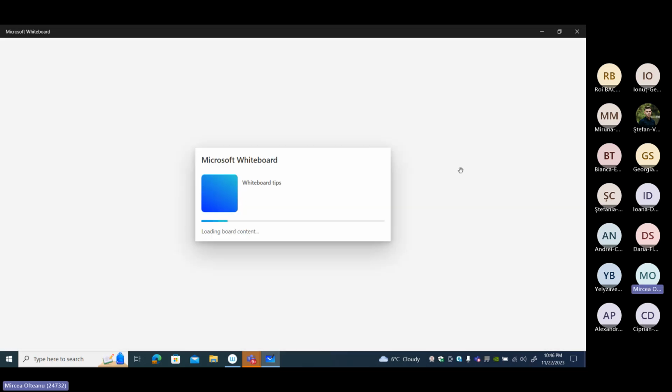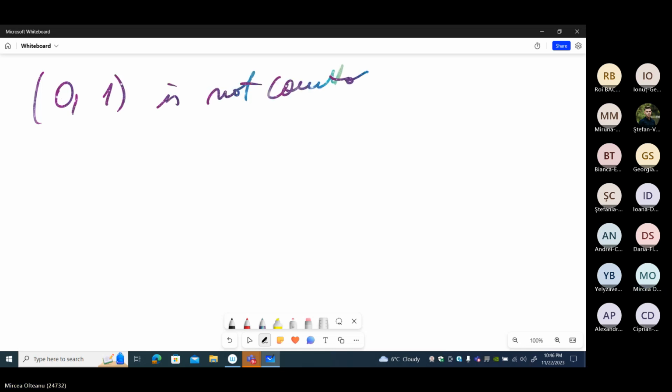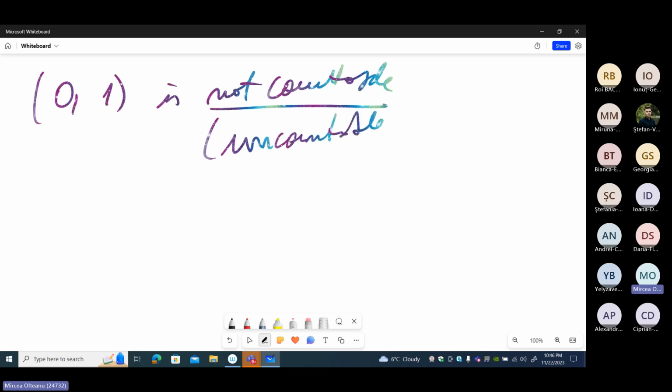It is related to the set of real numbers. So the interval 0, 1 is not countable. Consequently, it's uncountable. Consequently, the set of real numbers is uncountable. What is the argument?